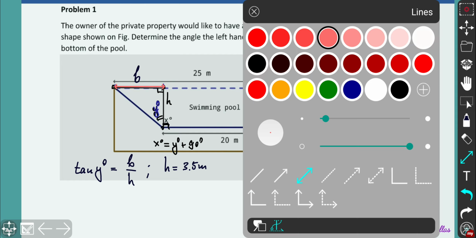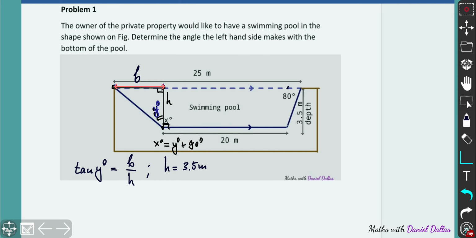So again, if we put in a vertical segment, that's also a height h, which is 3.5, and we know this angle is 80 degrees. We are going to find this small part, let it be a. We're going to use that triangle to find a, because we know one leg, 3.5, and the angle, 80 degrees.